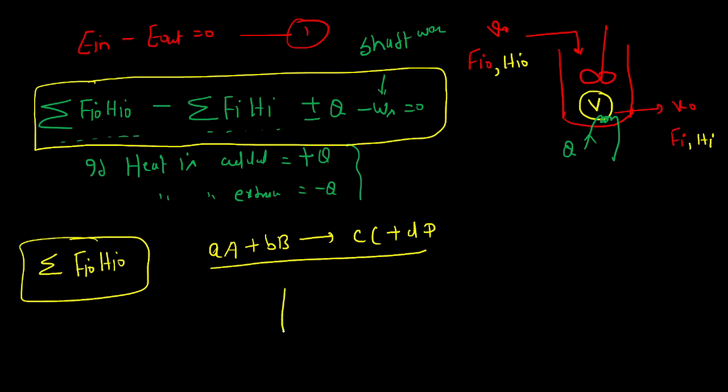What will happen here in this particular reactor? There will be Fa naught, Fb naught, Fc naught, Fd naught here, and here it will be Fa, Fb, Fc, and Fd, right?